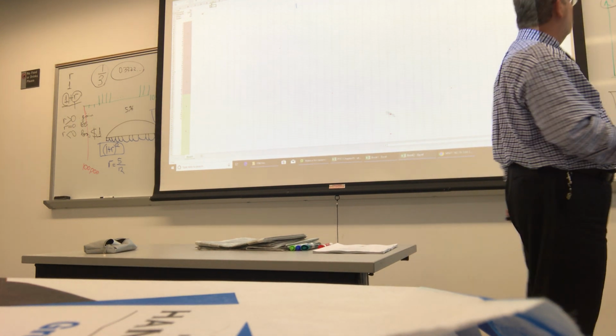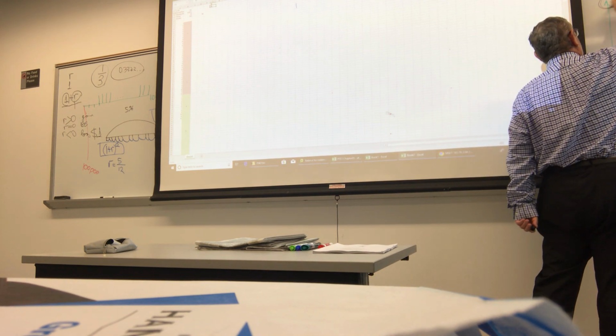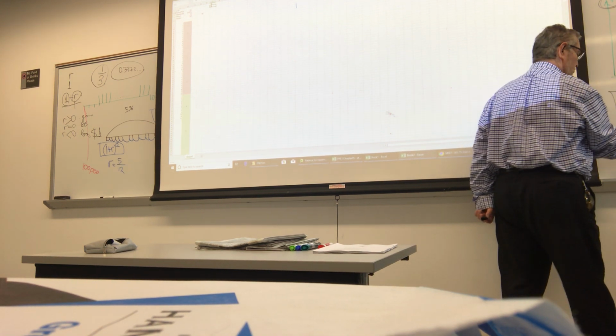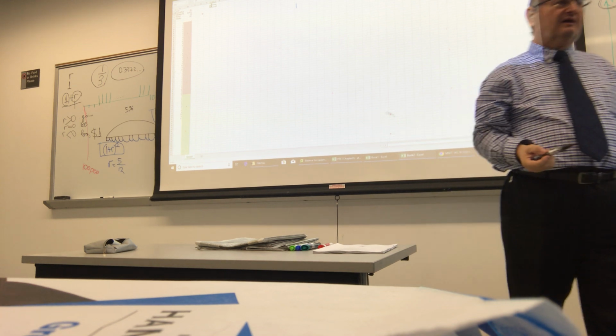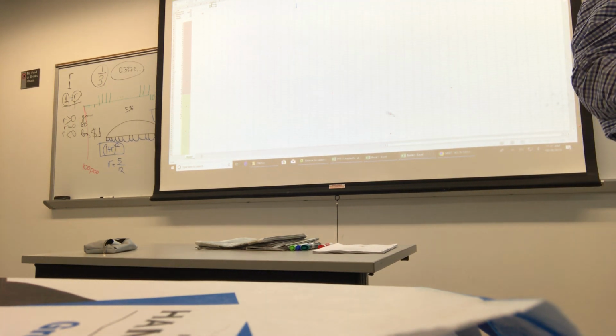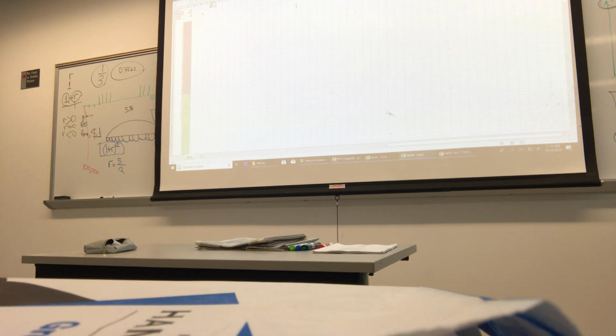Then you know that the money that you got and the money that you will pay are exactly the same value today. This is a fair loan. If this is not the case, that's not a fair loan.